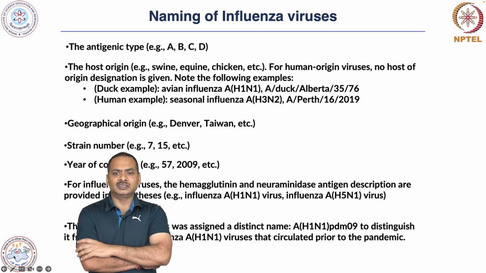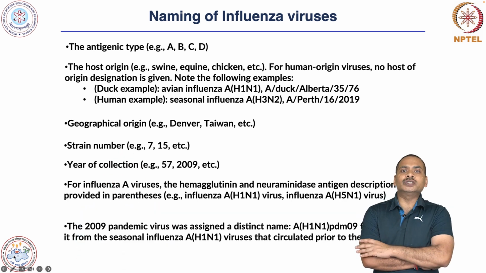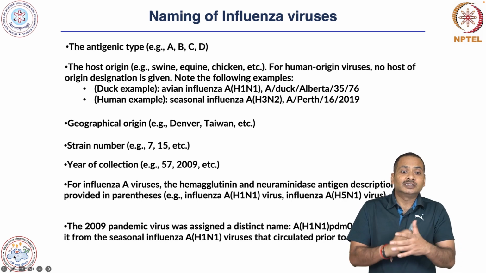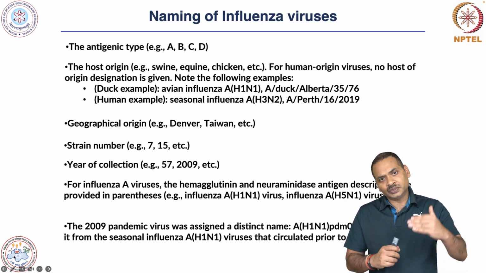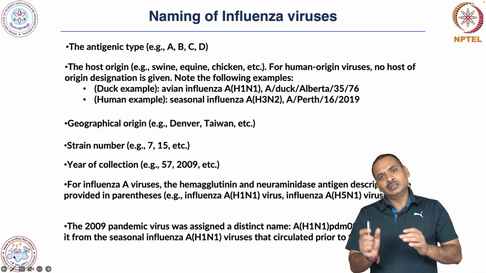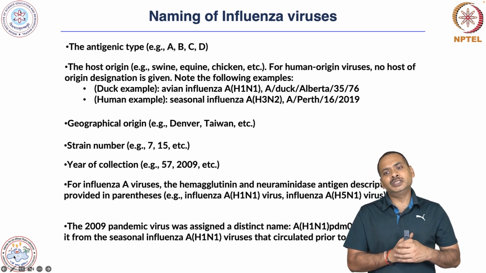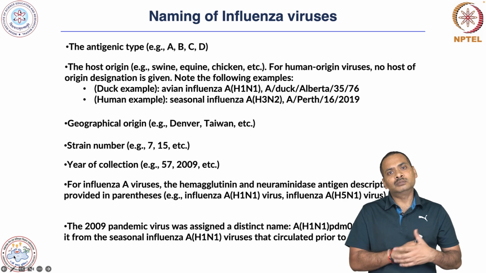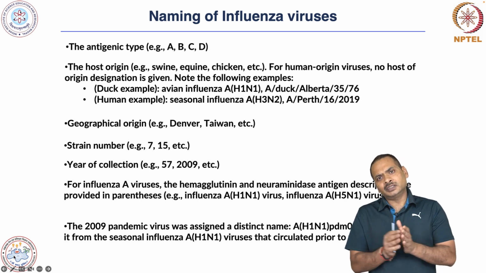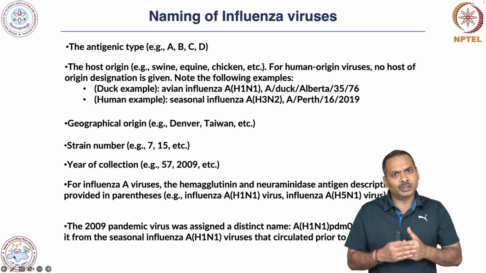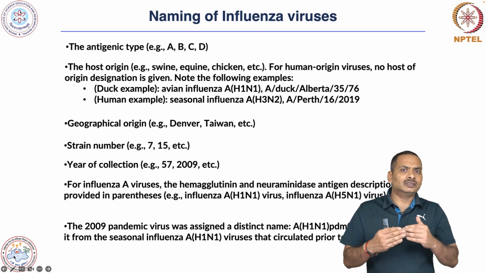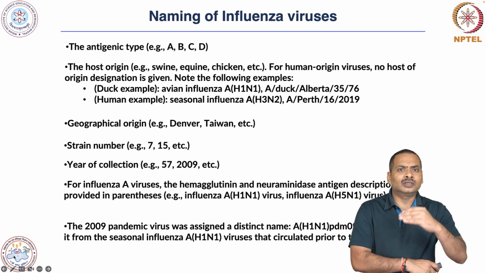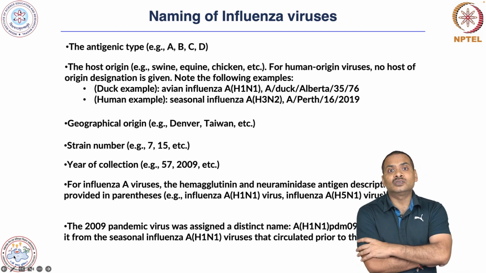Here you can see there is an example to distinguish from seasonal influenza virus. The viruses which have pandemic potential were given this pdm with a number, in order to distinguish them from the viruses which cause seasonal flu.